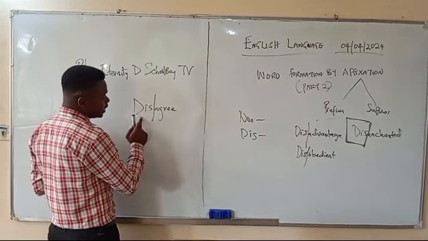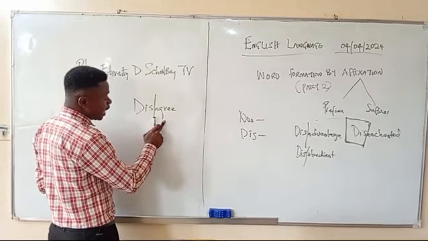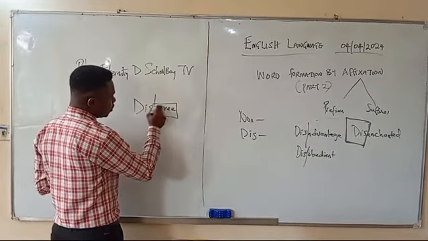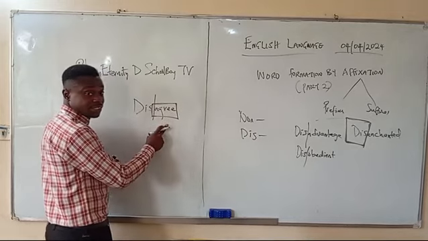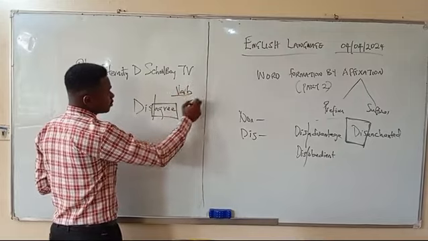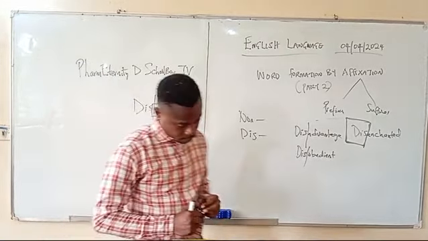Agree. Disagree. It changed the meaning of agree. It gives agree another meaning, but the word form or the word class of agree did not change. Disagree is still what? A verb. It's still a verb.